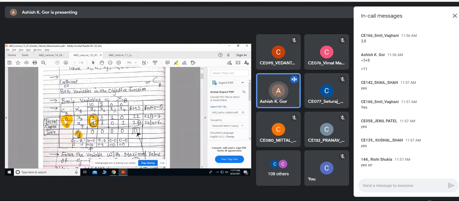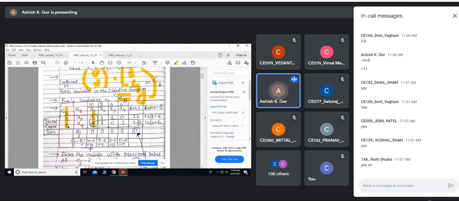So Zj is nothing but a dot product of what? This CB and this column. Okay, so 0, 0, 3, 4. So it's like this. 0, 0 is one vector, 3, 4 is another vector. And if you do a dot product, 0 into 3 plus 0 into 4, which is a 0.